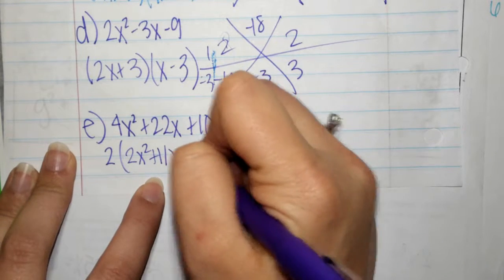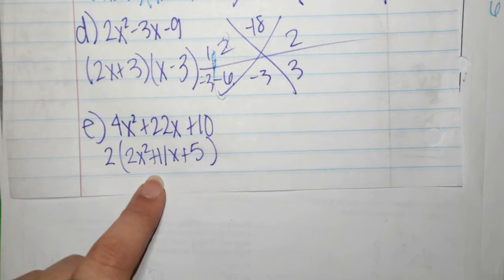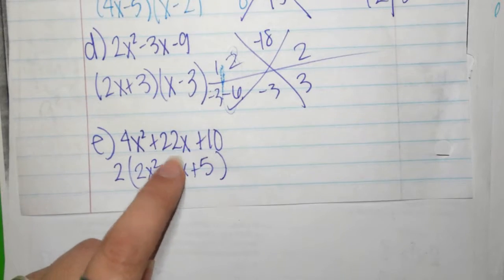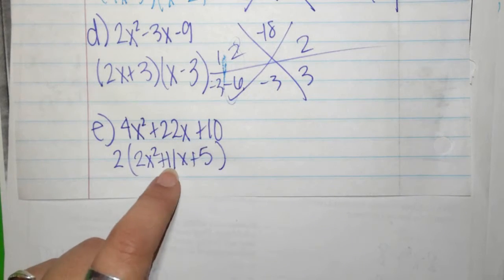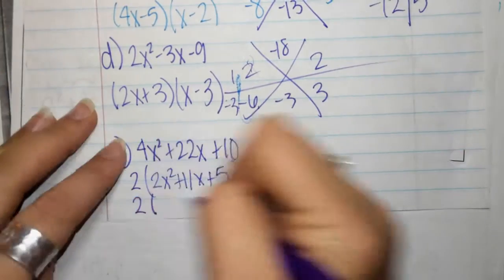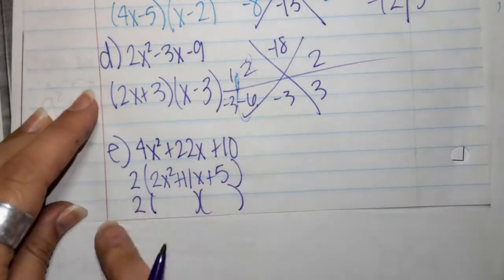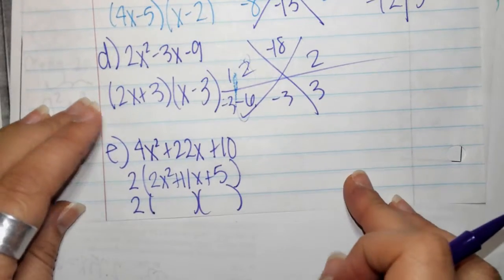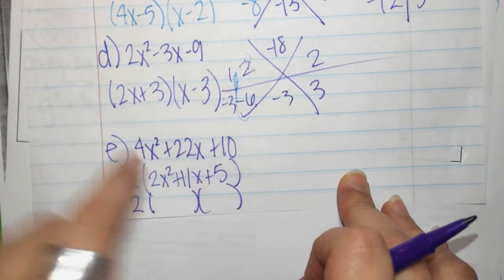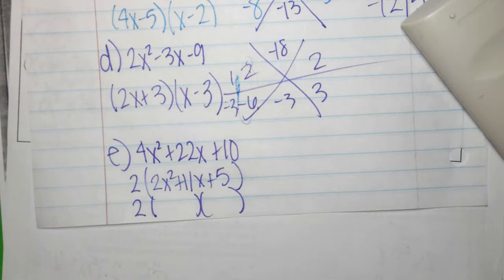What's 10 divided by 2? Now, once you get here, do the star method. So we factored out our GCF. A part of your final answer will be this 2. So you'll have 2, parenthesis, parenthesis. Now use your star method on this guy right here. Does everybody understand? Okay, I'm letting you do it without me.